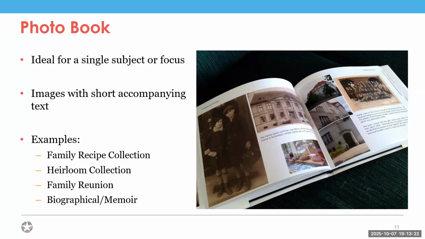Maybe descriptions of their origins, how they've been passed down, why they were important to you or the family members that have provided their stories and images of the objects. You might focus in on a specific family reunion.